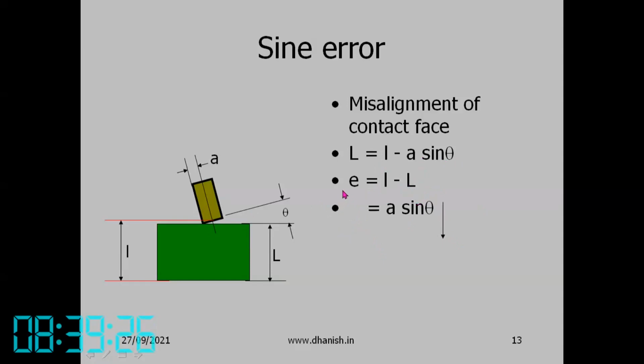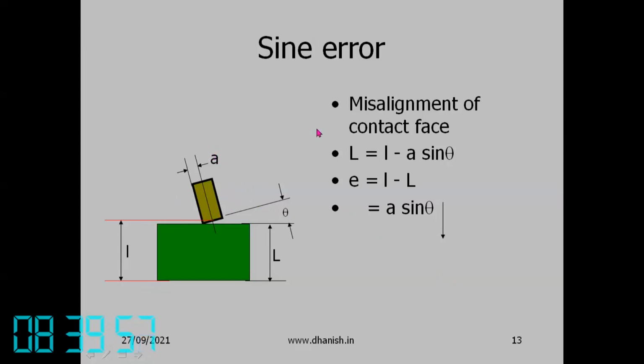Substituting, the measurement error is A sin theta. So it's proportional to the sine of the angle between the contact face and the object face. This error is called sine error because it's proportional to the sine of the angle of misalignment. So cosine error, sine error.